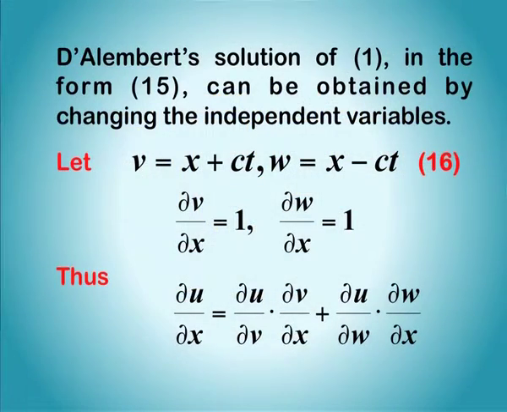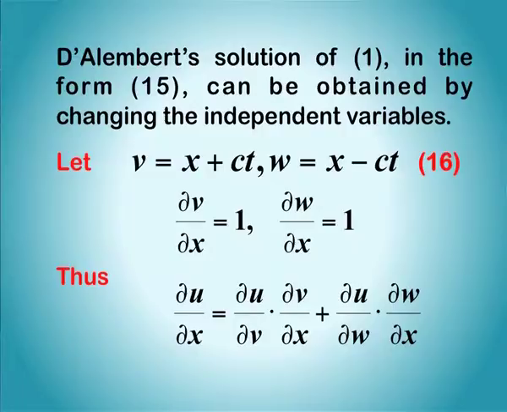We here suppose that v is equal to x plus ct and w is equal to x minus ct. We are continuing right from the beginning of equation 14. Then we had equation 15 where uxt is a function under the sigma notation. Then from 16 we differentiate and we get dv partial x, we get 1 because t is a constant, so ct is 0.